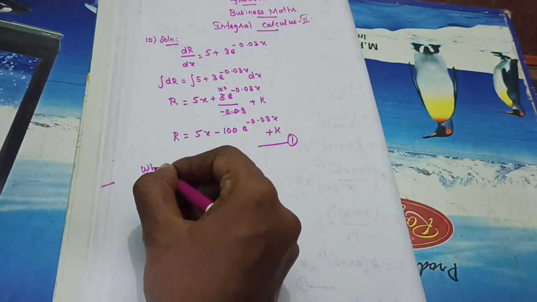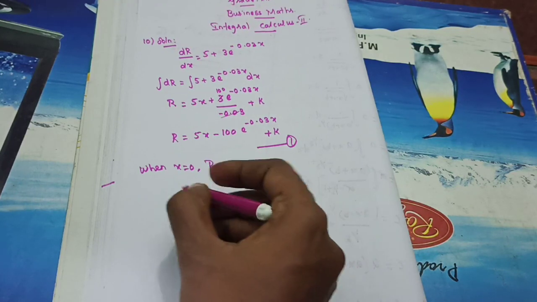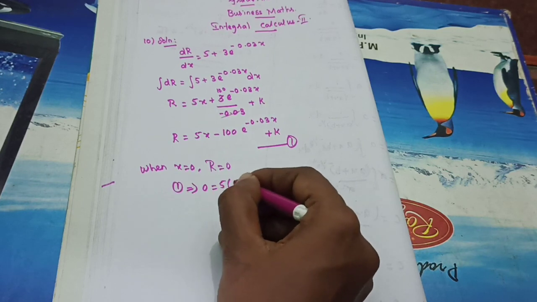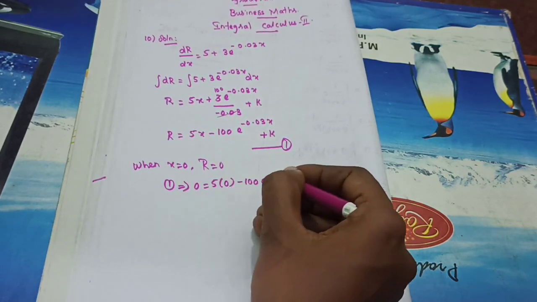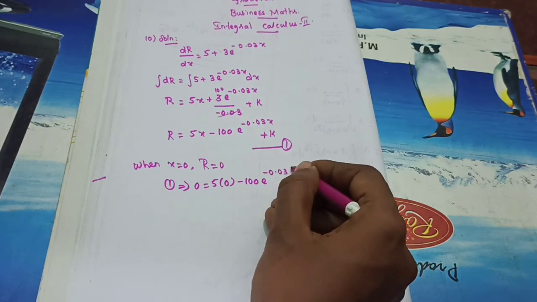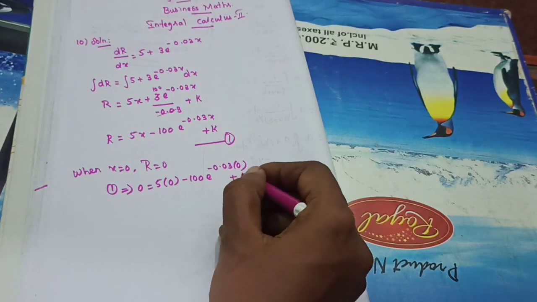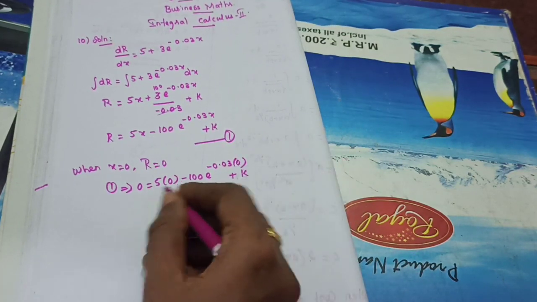So what do you do then? When x is equal to 0, R is also 0, to find the k value. So substitute in equation 1. So 0 equal to 5 into 0 minus 100 e power minus 0.03 into 0 plus k. So what will happen? e power 0 will be 1.